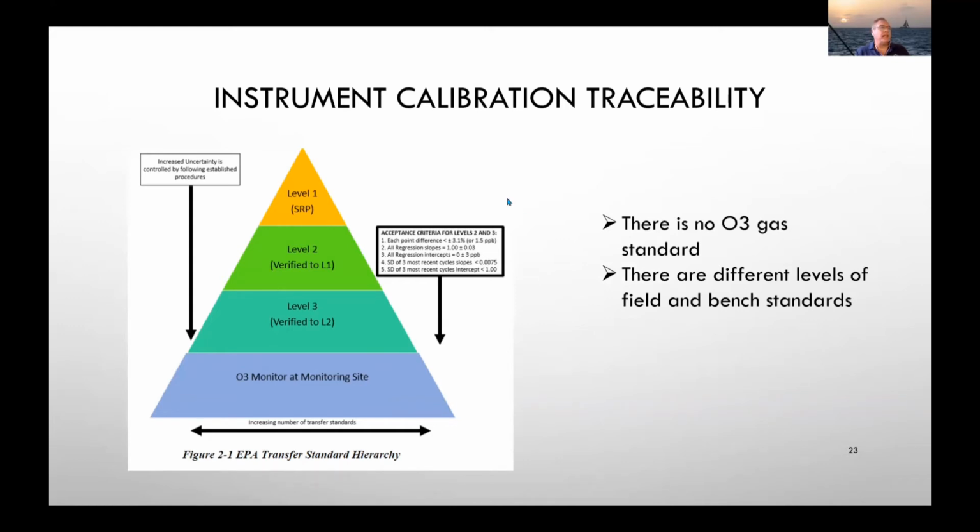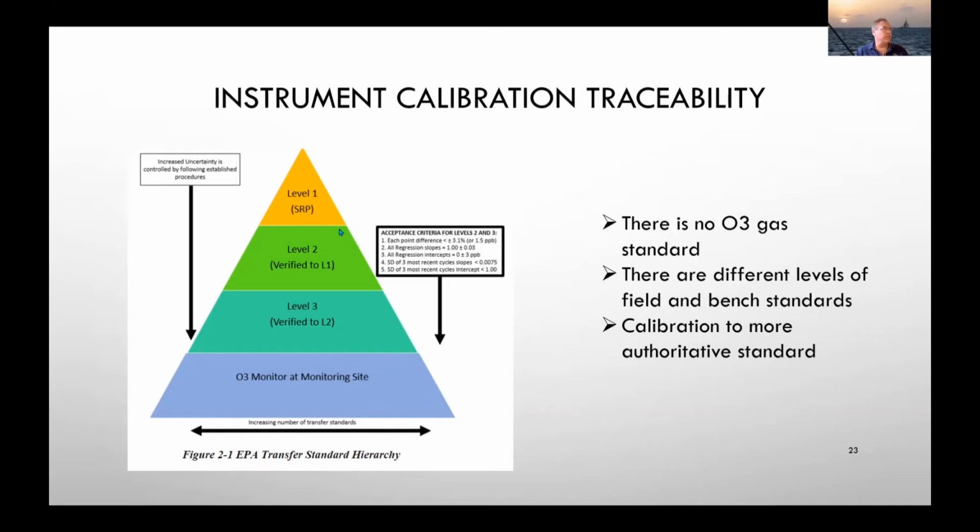And EPA has established different levels of field and bench standards to get around this problem. They've established this pyramid of standards, level 1, level 2, and level 3 standards. The higher up the pyramid you go, the more authoritative the standard.